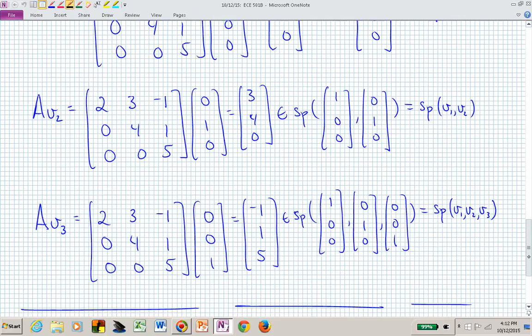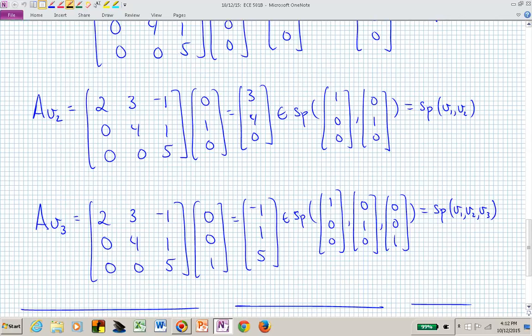And finally, AV3 is in the span of all of R3. So if we start in Z, we're not guaranteed of staying just in Z, we're only guaranteeing that we stay in the XYZ space.